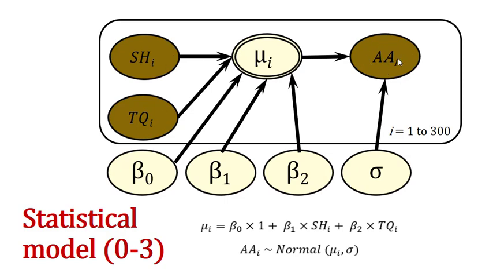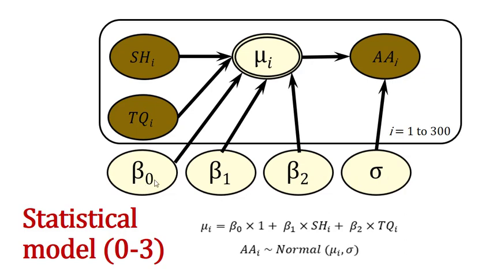So these are measured variables, that's why they are in dark brown, and this is a latent variable, that's why it's in a light color. So the parameters here, all parameters that are outside the plate, do not repeat.